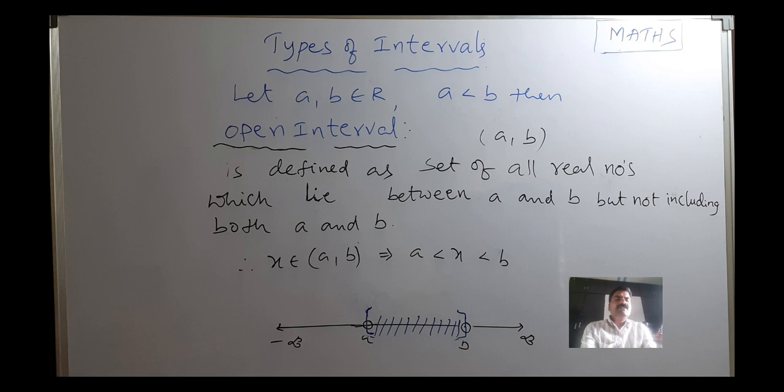Now the shaded region you see gives you the information that it is the set of all values which lie between a comma b. But exactly at a and b, you see there is an open circle, which I did not shade. This means those points we should not include. See, a is not shaded, even b is also not shaded.